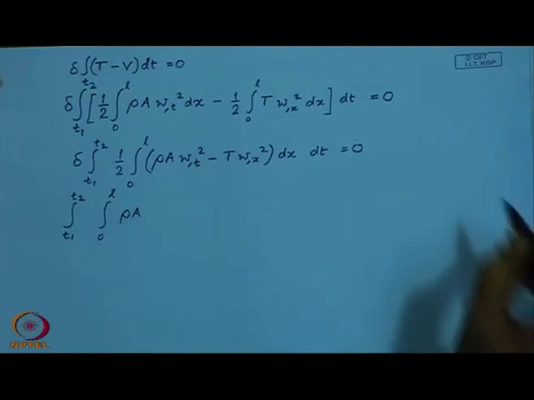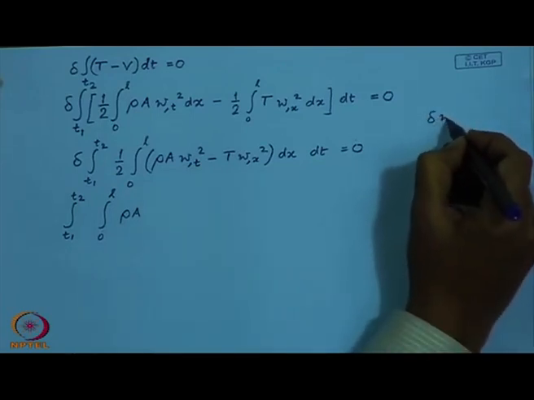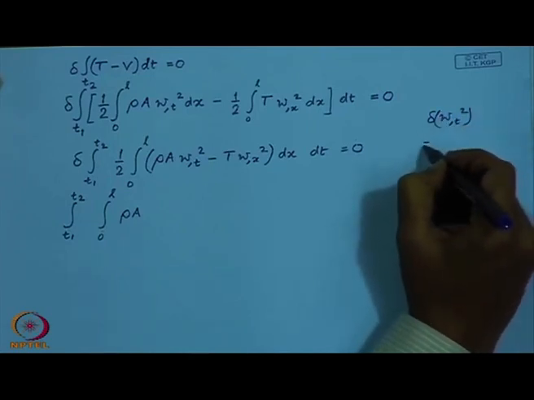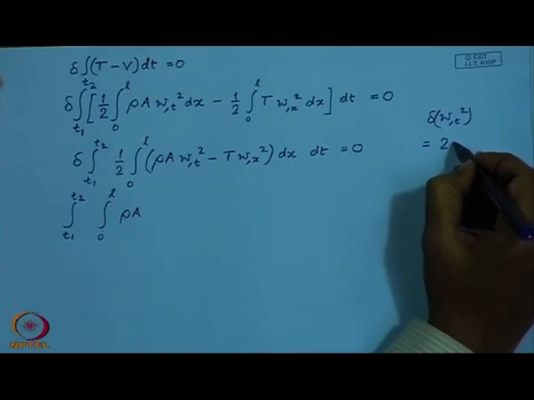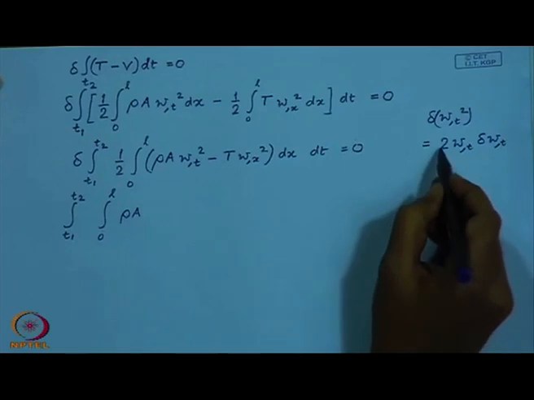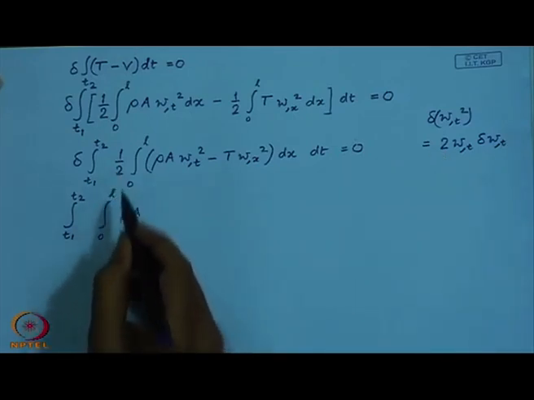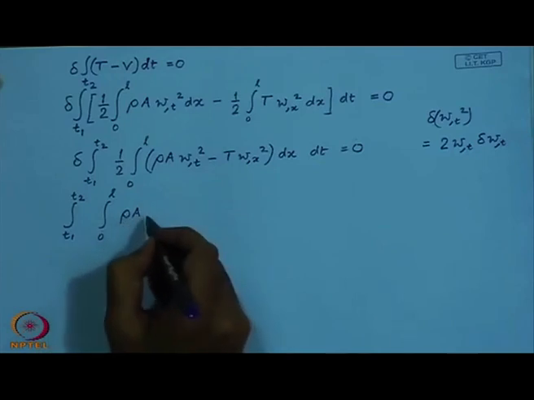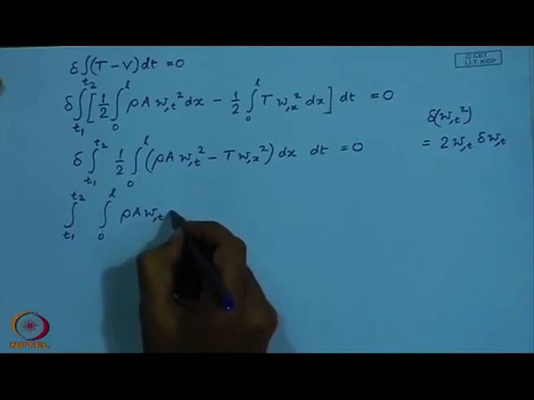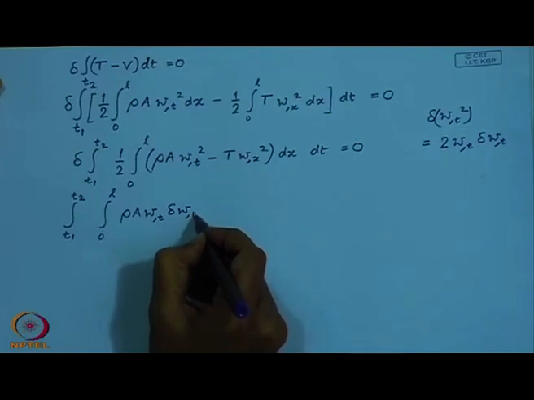When I operate, that will give me 2 times del w del t delta of del w del t. Now, this 2 will cancel with this half, this 2 in the denominator. So, I am writing out the expression after such a simplification.